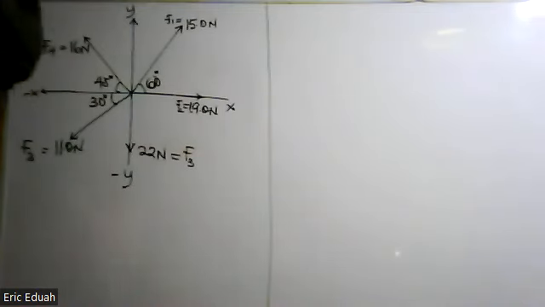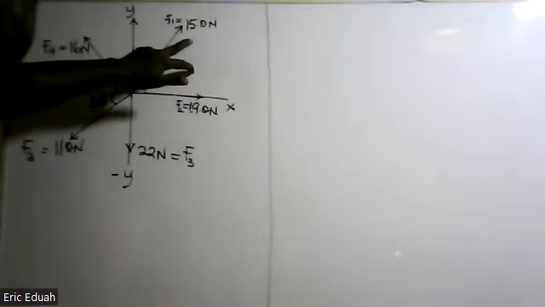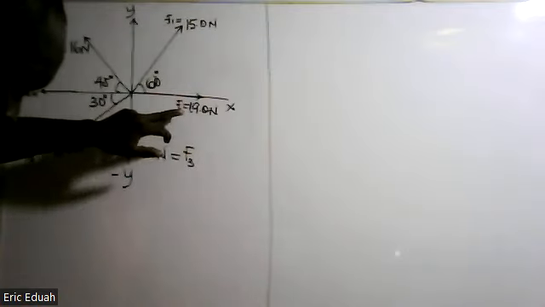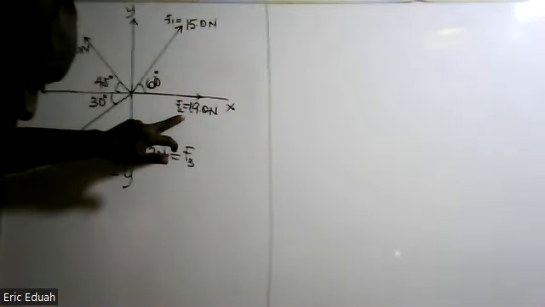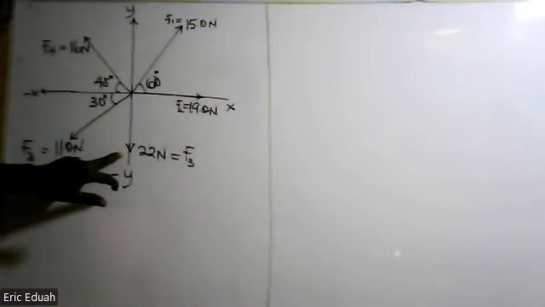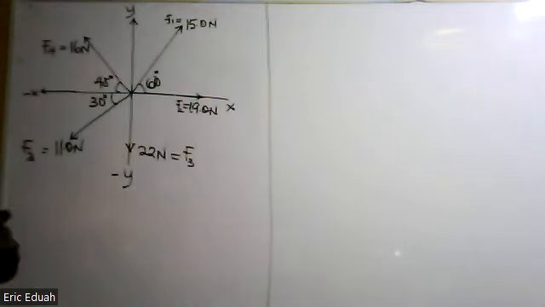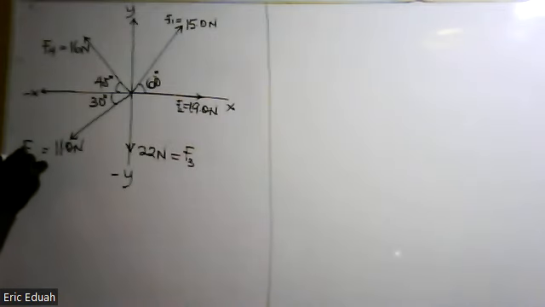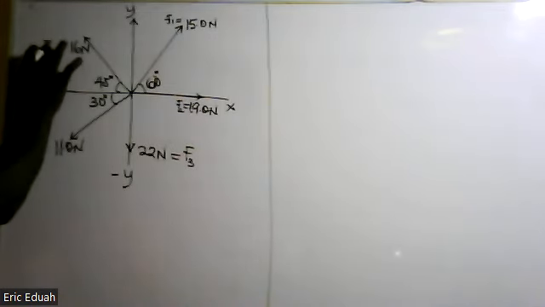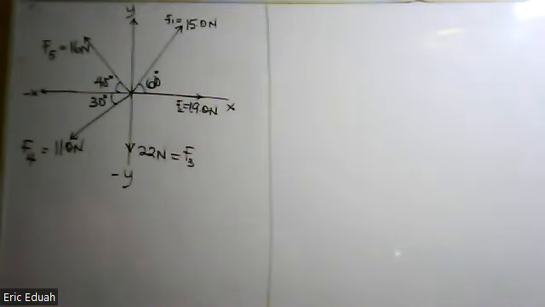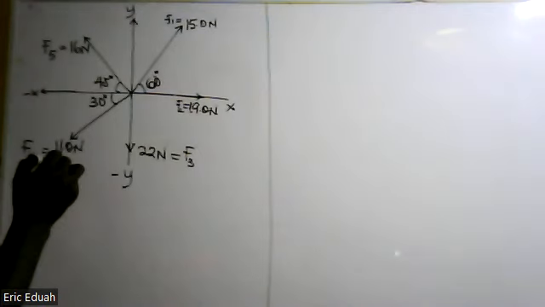Let me recheck. So I have 15 labeled F1, F2 19, F3 22, oh okay, this is F4 and this is F5. Good. It means you can see mistakes. So let's resolve them one by one.